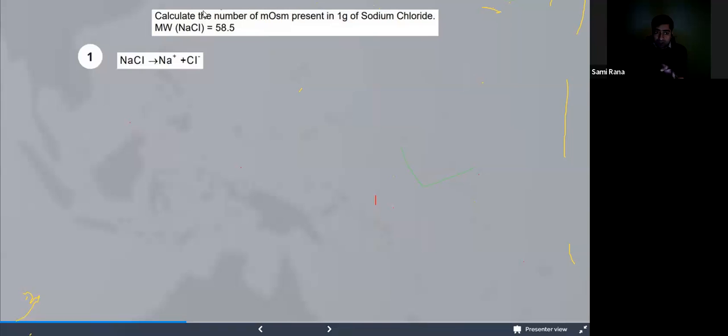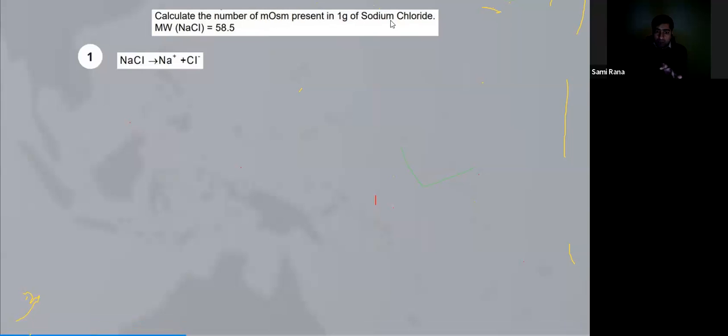We'll see in this example, they ask to calculate the number of milliosmoles present in 1 gram of sodium chloride, and the molecular weight is given. Now, I have told you that millimoles are essentially always equal to milliosmoles, or if there is osmol, it's going to be equal to mole. That's it. There is nothing else to it.